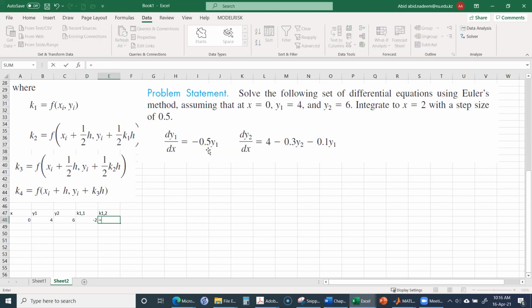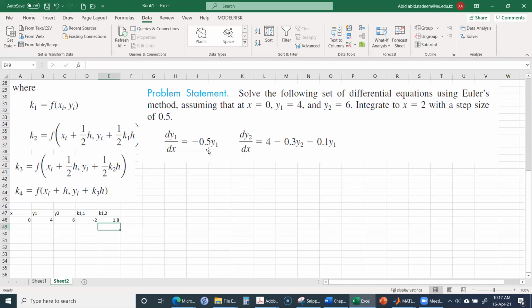K1 of the second equation will be equal to 4 minus 0.3 times y2, y2 is this, and minus 0.1 times y1, y1 is this.